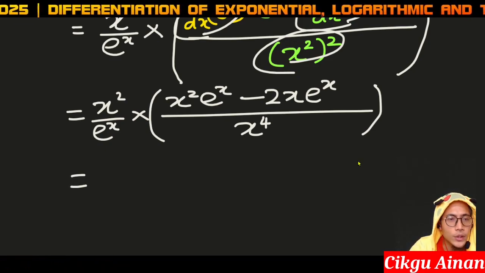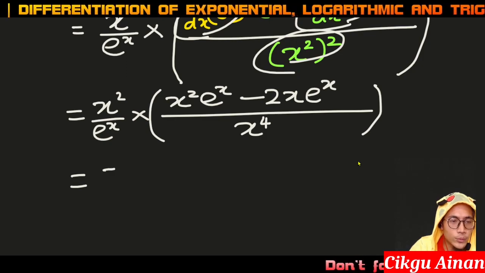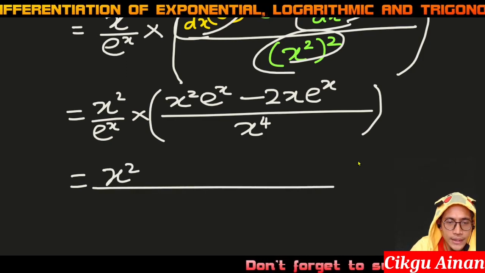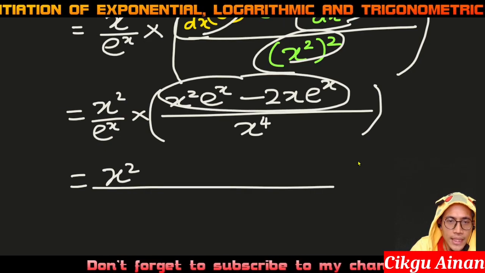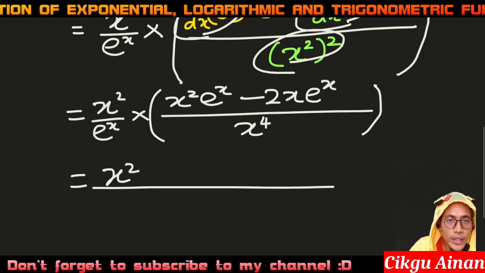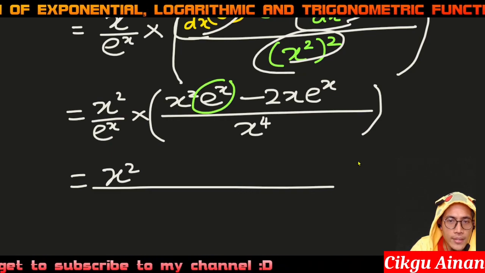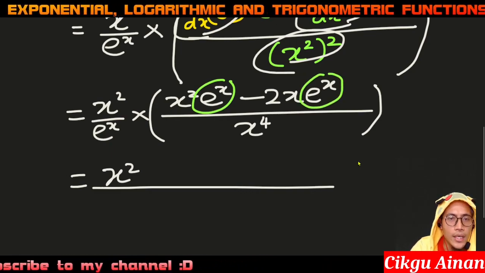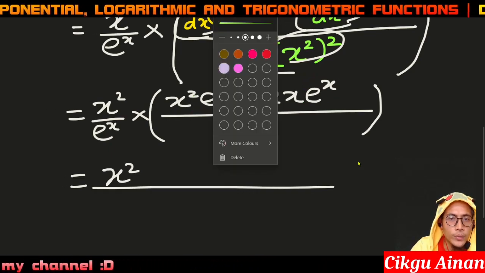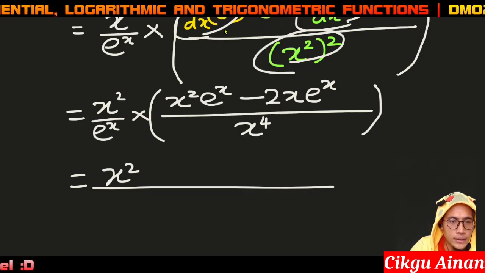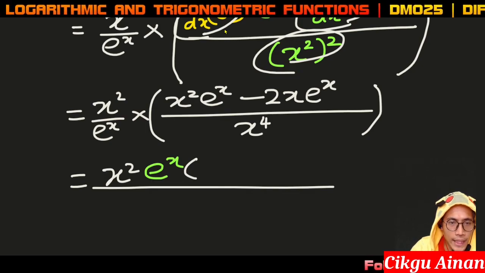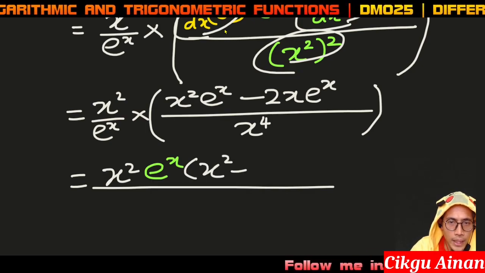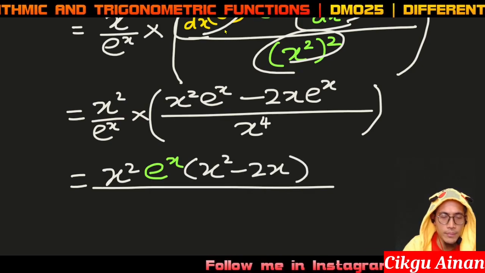So maybe we just put them next to the bracket like this. And then this one, we can factorize e to the power of x. Put e to the power of x over here. And then what's left? x squared minus 2x.